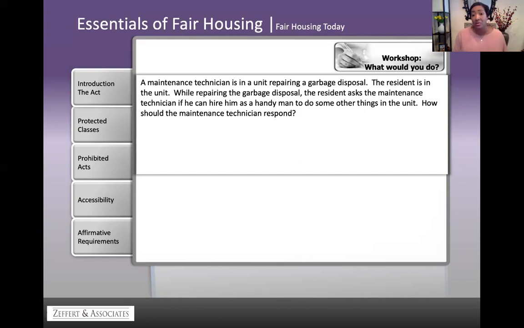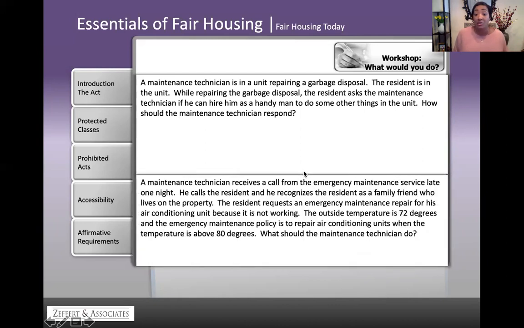So maybe they can send them to a website to search for a handyman in the area, but they are not to be involved with the residents in that respect, because they are there to do a specific job that they've been hired to do by the management company or the owner.